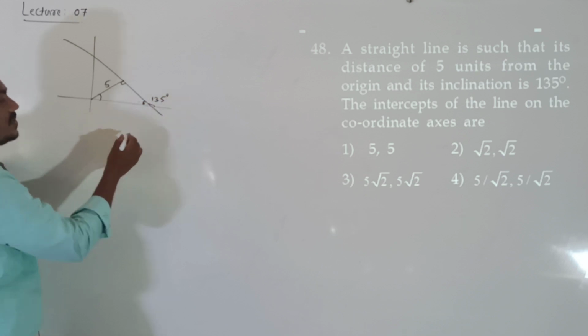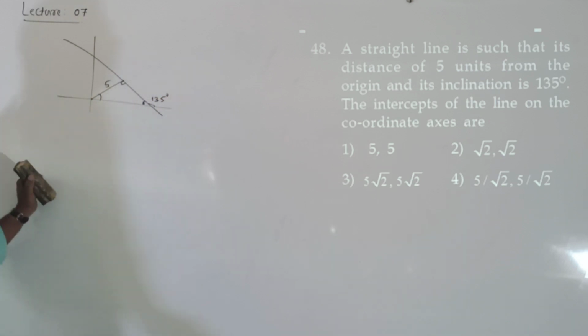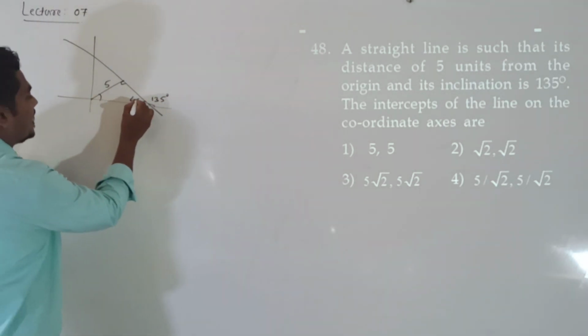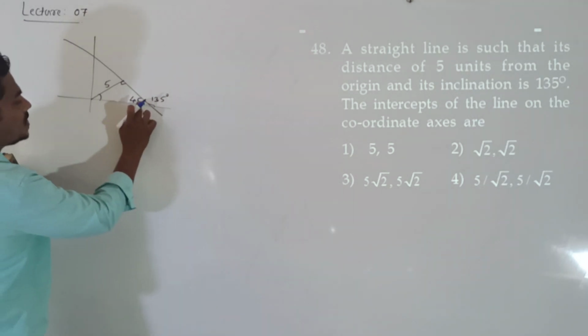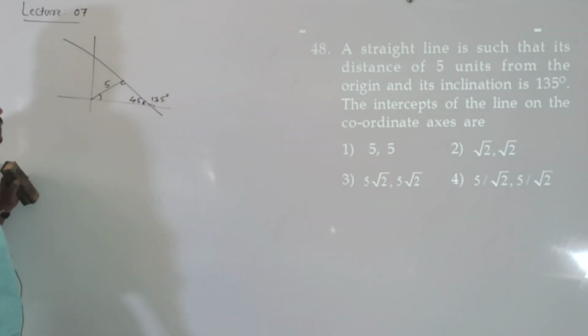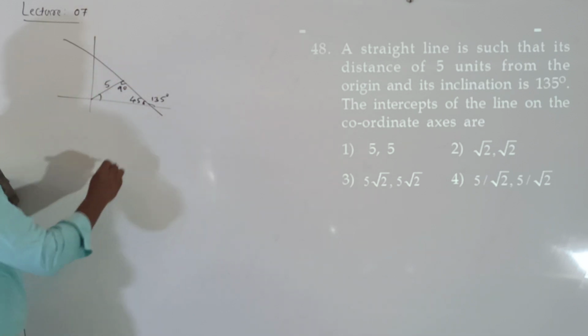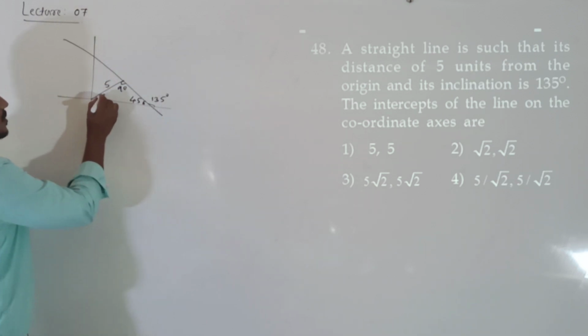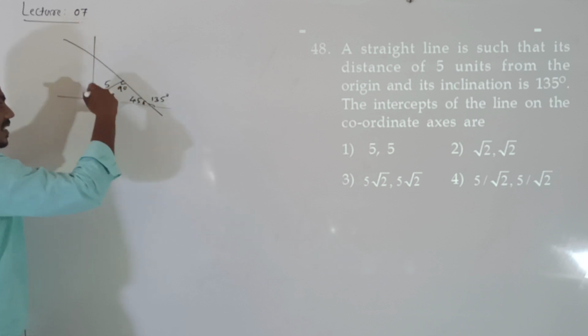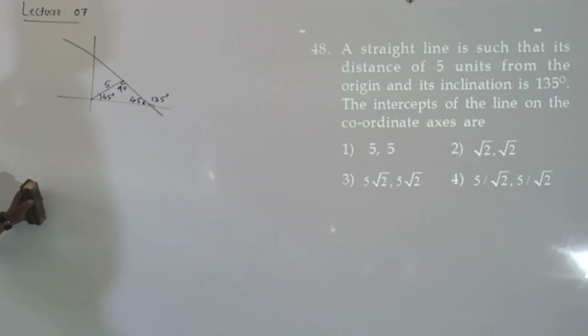The sum of these two angles should be 180 degrees. This angle is 45 degrees. If this angle is 90 degrees, this angle is 45 degrees, then what about this angle? This is also 45 degrees, because the sum of the interior angles of the triangle should be equal to 180.